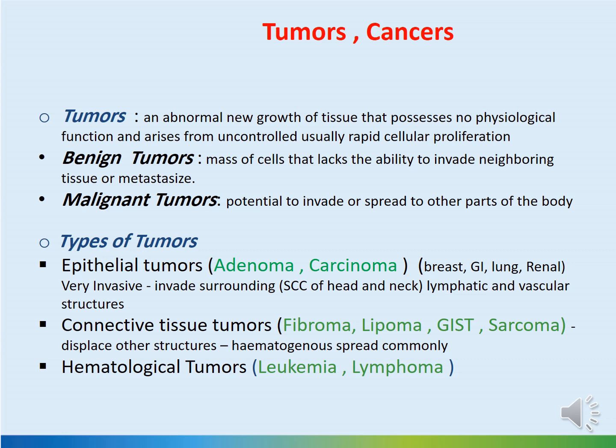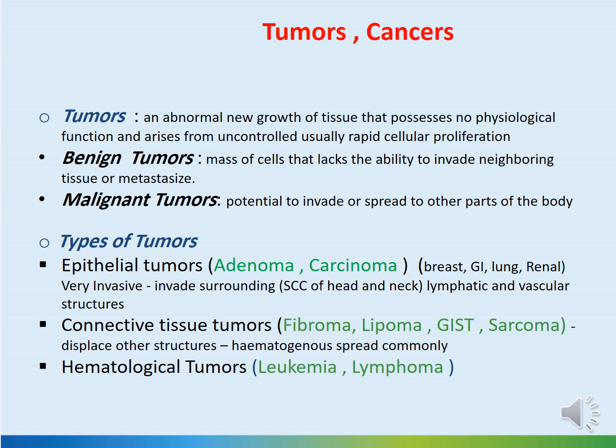For example, ovarian cancer has the ability to give metastasis to the intra-abdominal cavity, seeds, or metastasis to the omentum. In this situation, this invasion is called local invasion.